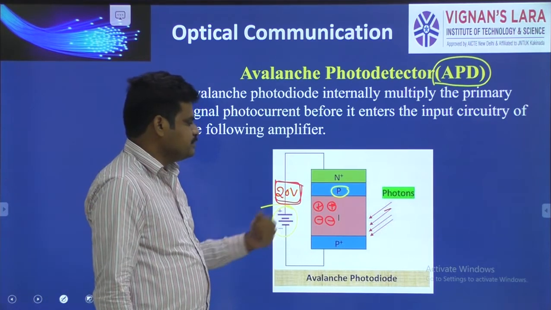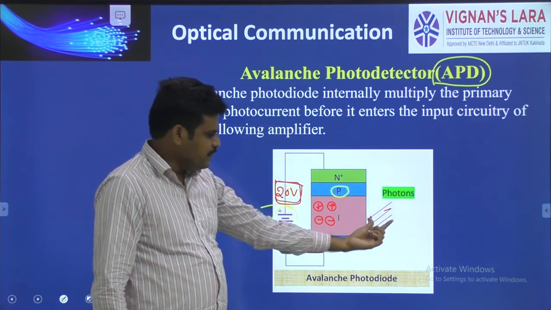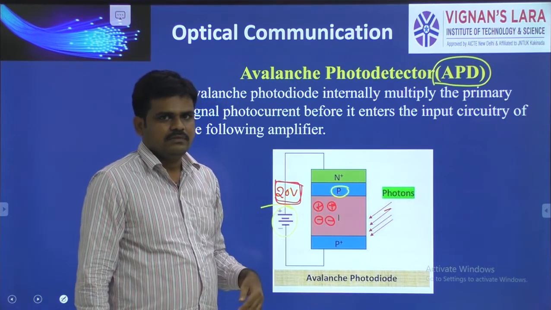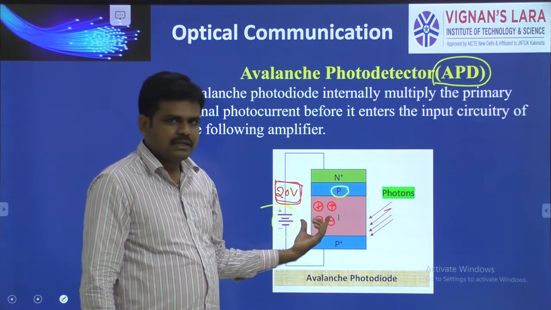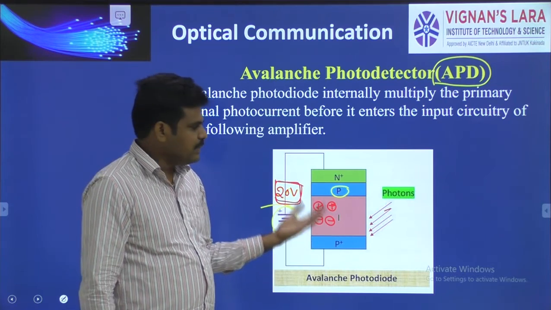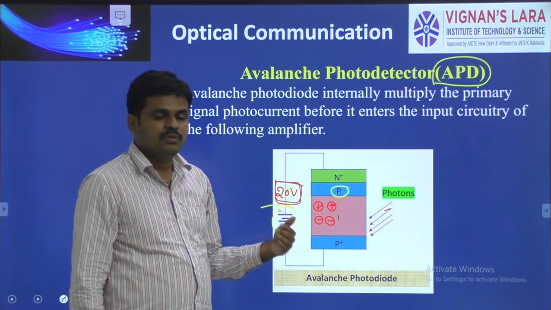So when the light falls on it, more current is flowing compared to the pin diode. So compared to the pin diode, the avalanche photodiode has more sensitivity.